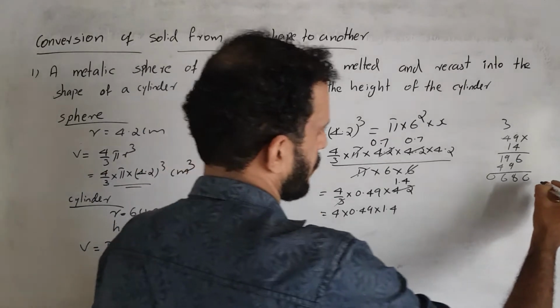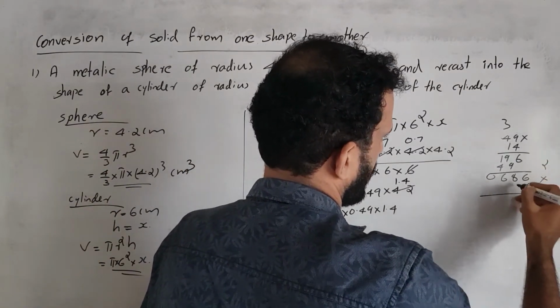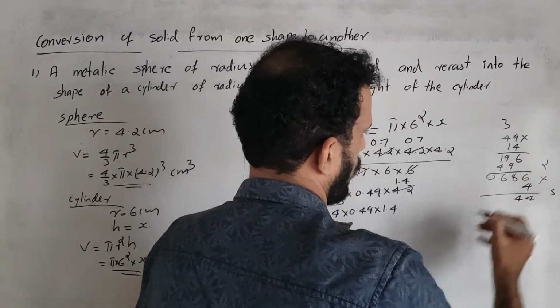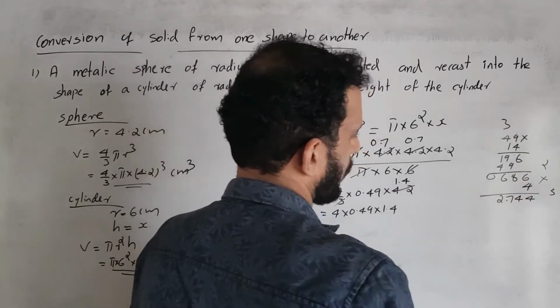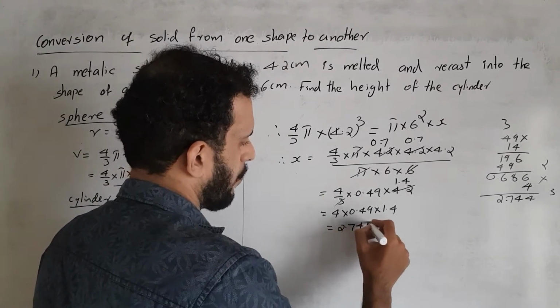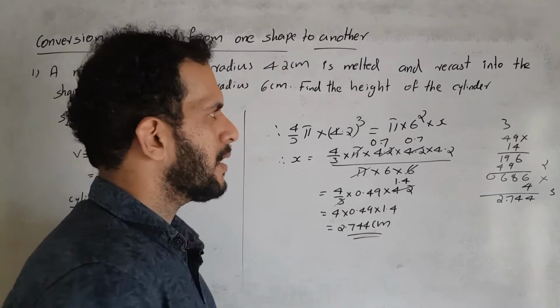Then into 4, we get 2.744. Then we put the decimal point and the answer is 2.744. Then what is the height of the cylinder?